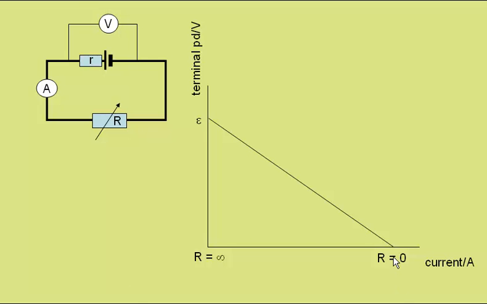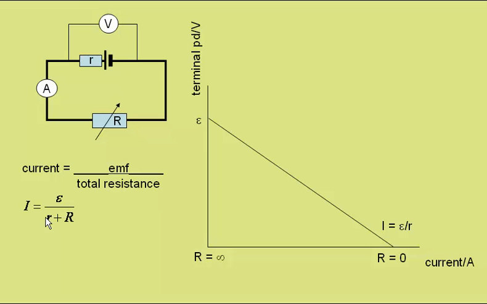So at this point here, with zero load resistance, we can find that the current is equal to the EMF over the internal resistance. We know that for a supply, current is equal to potential difference divided by resistance, or more strictly speaking, it is equal to the electromotive force of the supply divided by the total resistance. This is the resistance in the circuit plus the internal resistance of the supply.